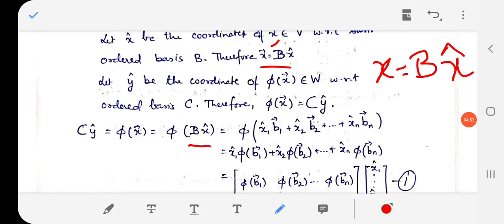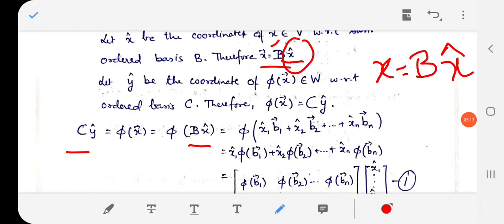So B x cap is the linear combination of basis vectors in B, and the multipliers are supplied from x cap, right? So phi of x vector is equal to y vector.